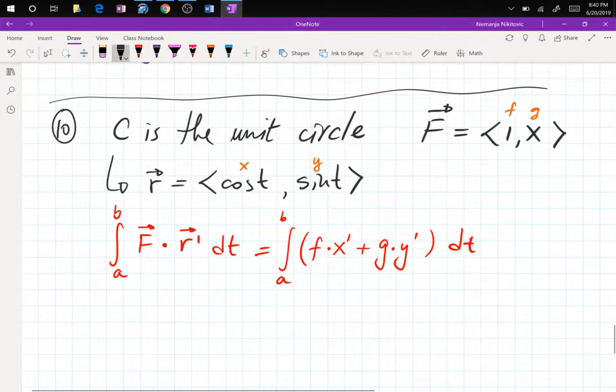All right, so what do I get? 0 to 2 pi for t. And then I have the integral from 0 to 2 pi.